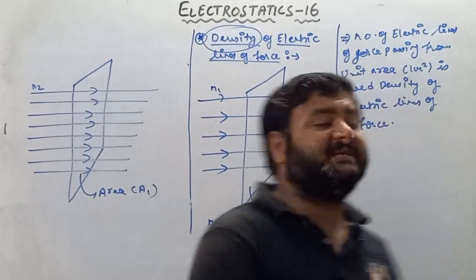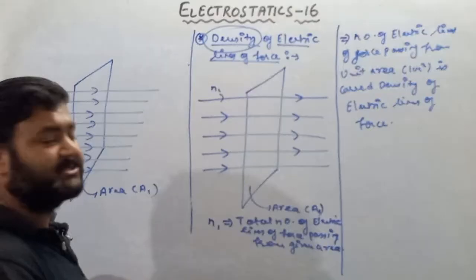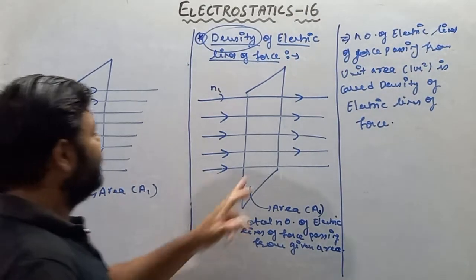Still, the number of electric field lines passing through 1 meter square is more in this case compared to this case.